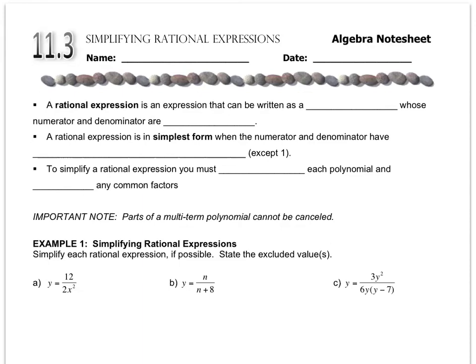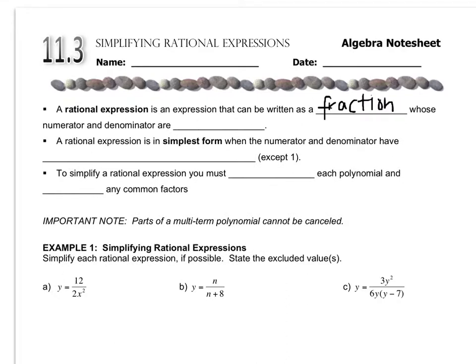For the remainder of Chapter 11, we're going to talk about rational expressions, which I consider to be like polynomials on steroids. But that's certainly not what you're going to read if you look this up in a book. The official definition for a rational expression is an expression that can be written as a fraction whose numerator and denominator are polynomials.